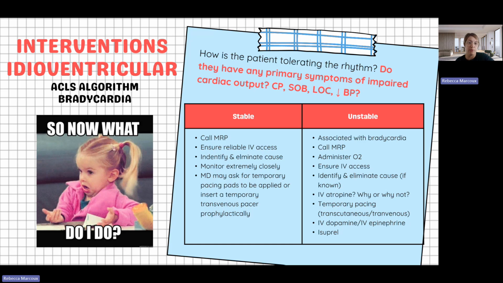So those are some options. So we basically, with this rhythm, need to do our best to increase the heart rate to stabilize their cardiac output while we figure out what's causing this and what we need to do for a long-term plan.